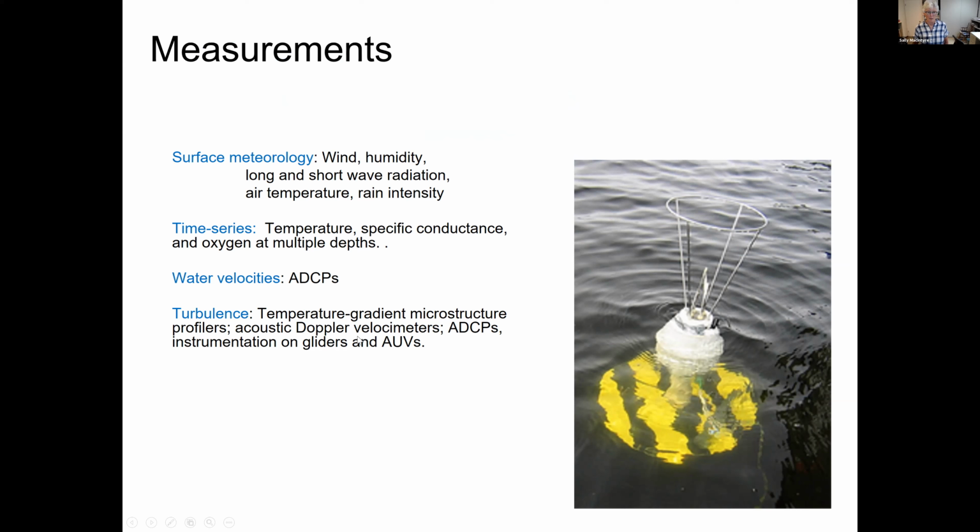And for turbulence, we may use a temperature gradient microstructure profiler like this SCAMP. We may use acoustic Doppler velocimeters, the new acoustic Doppler current profilers, the Signature 1000s. And nowadays, we even put the fast response sensors, like here on my profiler, onto gliders and autonomous underwater vehicles.